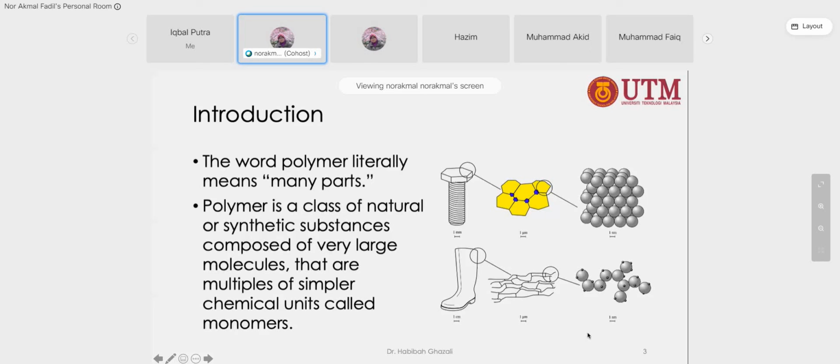Okay, if we look at a metal, we can see atoms are bonded, forming a crystal structure.